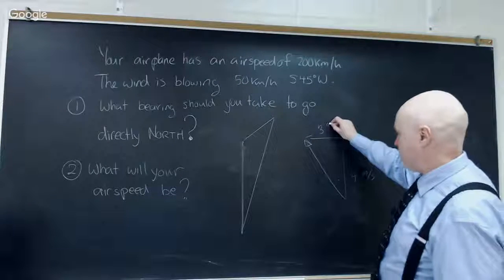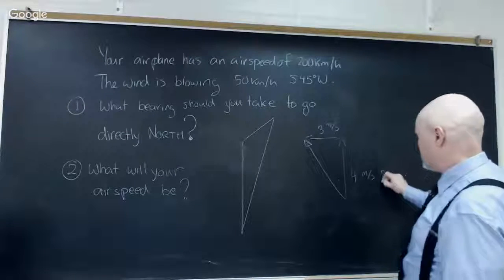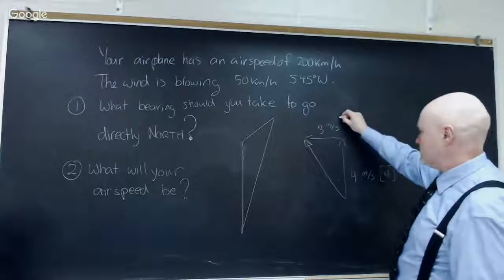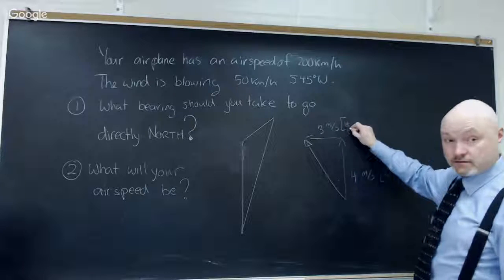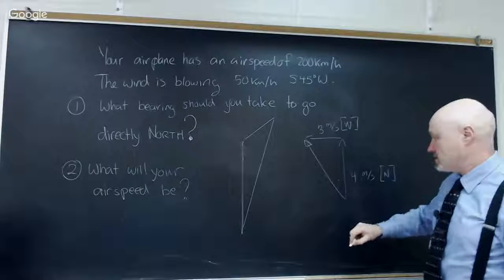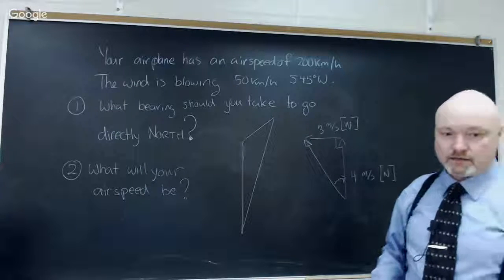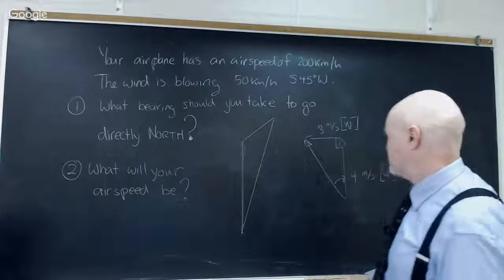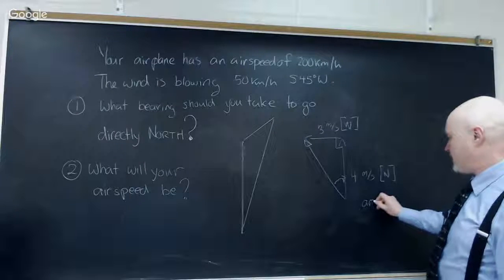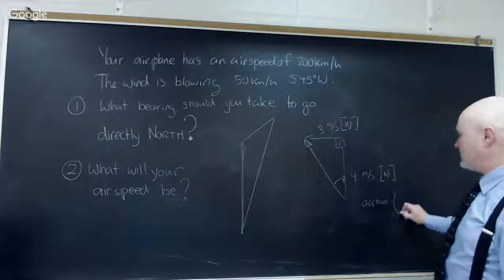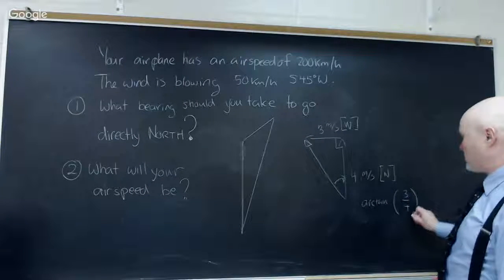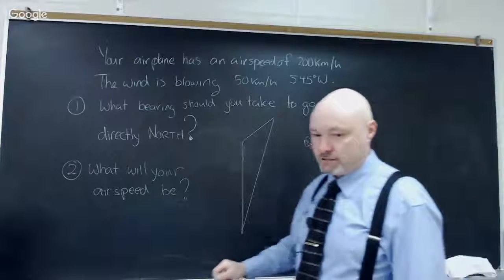And the river's going 3 meters a second. So this is north, and this is west, and it's just asking you for the bearing in this case. It's a right-angled triangle, so it's just arctan 3/4. It's going to give you exactly what the bearing is.